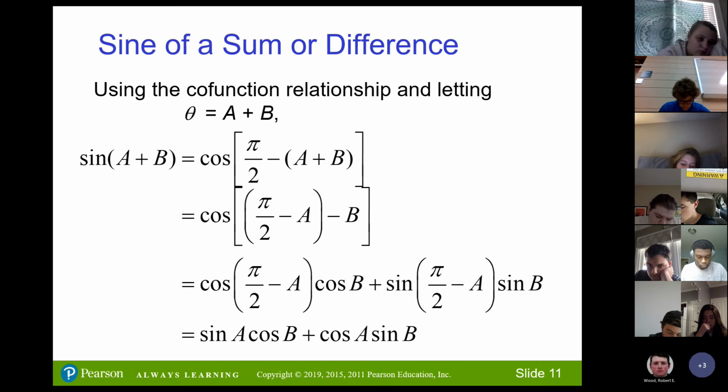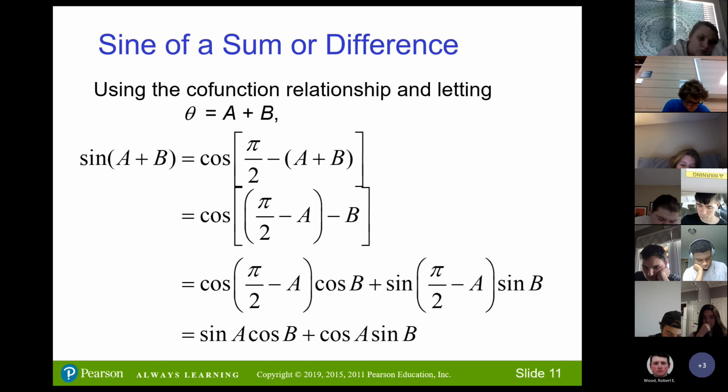And this is how we get our sign of the plus and minus identities. So this is kind of a derivation. You don't have to write it down.